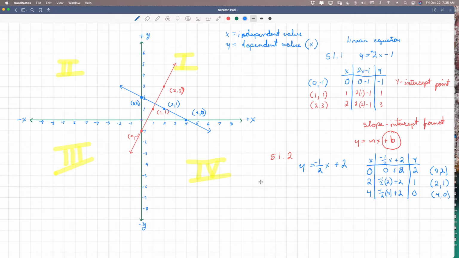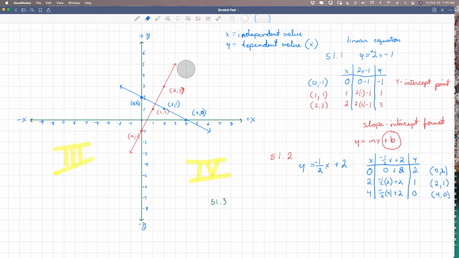All right, so I think we have another one to do. Yes, we have 51.3. Let's do that one in green. We honestly don't need these quadrant identifiers when we're graphing. I just put them in here because I thought it was fun.